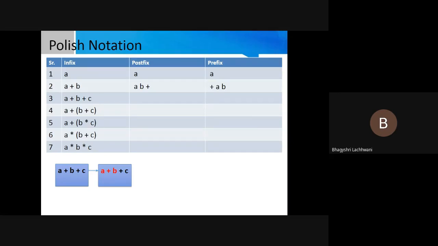The result of this will be AB plus. Now AB plus will be considered as one operand. Now again we have to solve the postfix. What is the rule? First operand, second operand, and then operator. So the first operand will be AB plus, the second operand will be C, and after that plus. So the final result is AB plus C plus.